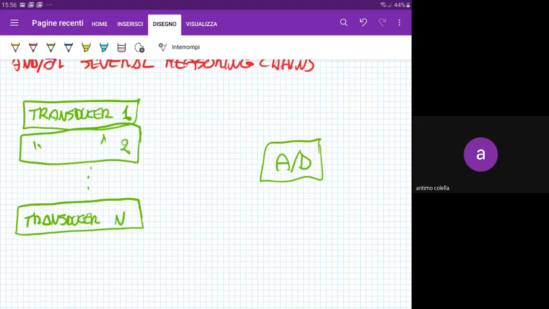In order to do that, we are adding here a block that is called scanner, that is asking the different transducers what's the electrical value at different and known time stamps.